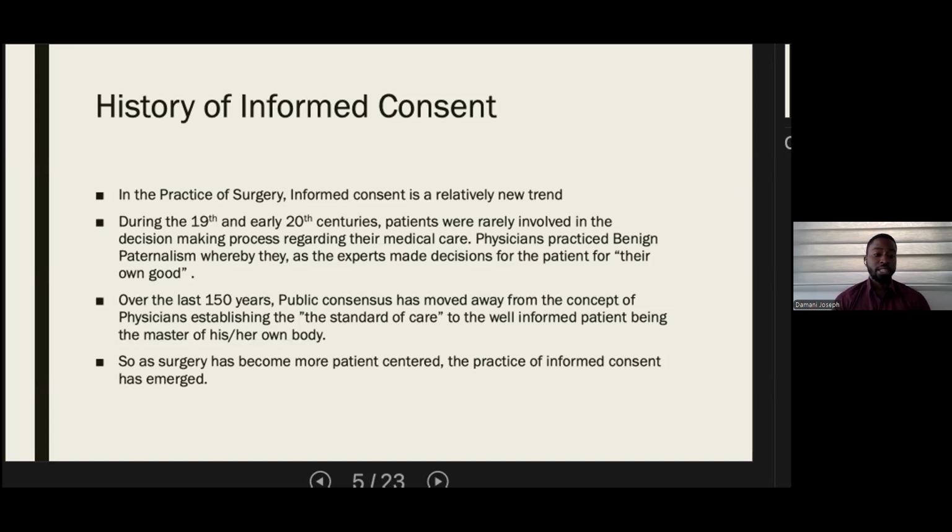But over the last 150 years, the public consensus has shifted away from this concept of doctors establishing the standard of care to the model where the well-informed patient is the master of his or her own body. So that is a description of patient autonomy. As surgery has become more patient-centered, the practice of informed consent has emerged.